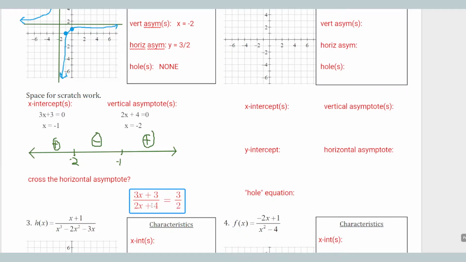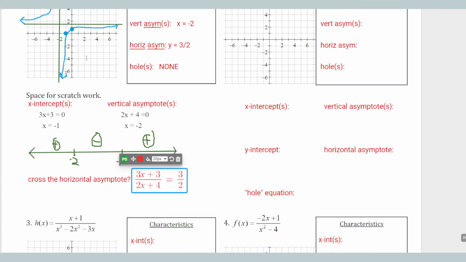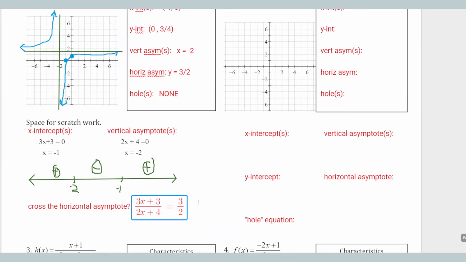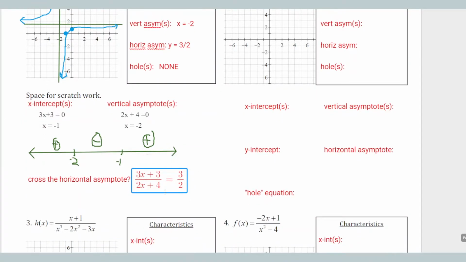It's possible that there's just no solution here, but let's find out. And maybe there is a solution. Maybe it actually does cross the horizontal asymptote. So I can do some cross multiplication here, using the cross products property. I'll get 2 times 3x plus 3 equals 3 times 2x plus 4.